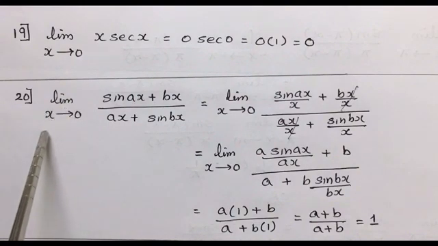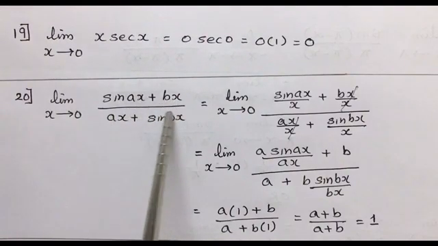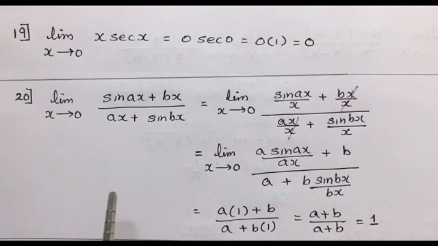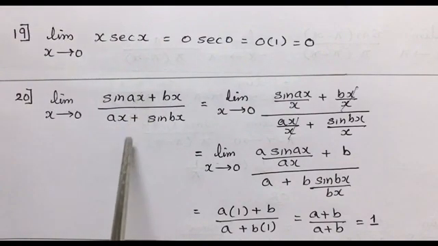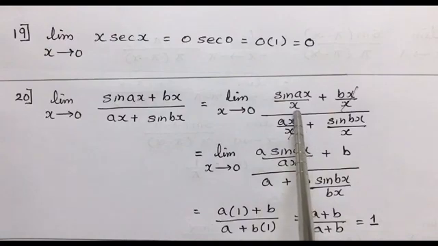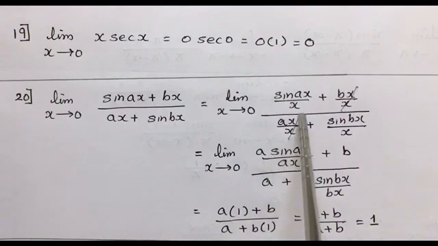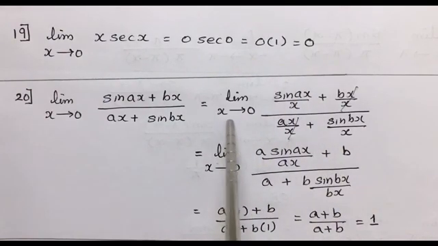20th one is limit x tends to 0, sin ax plus bx divided by ax plus sin bx. Now in this example, each term both in numerator and denominator are divided by x, so that we can make use of the formula sin x upon x is equal to 1 when x tends to 0.